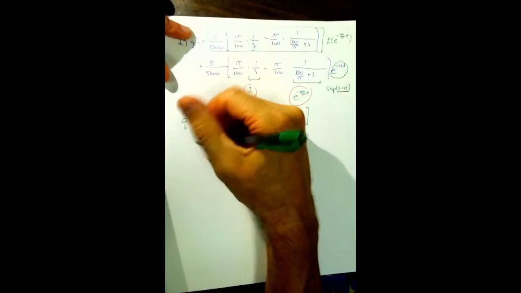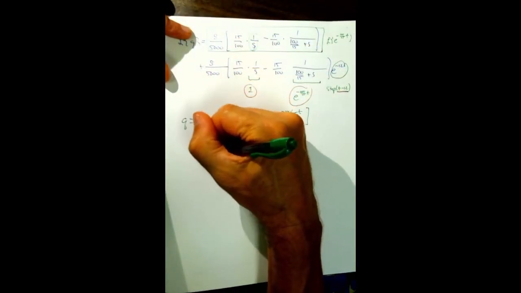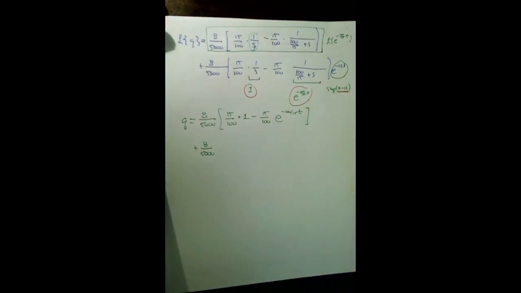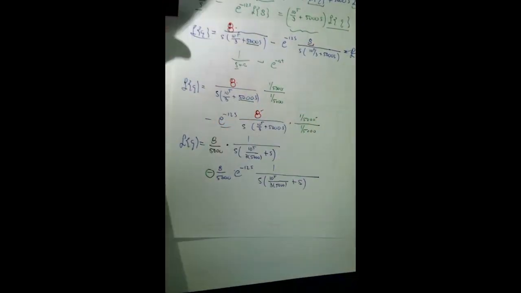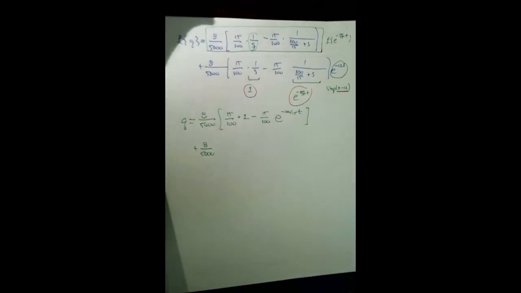Okay, and now for this term, I'm going to get plus 8 over 5,000, plus, correct? That plus is not correct. Sorry. Looking here, this should have been a minus because of that term in my previous work.